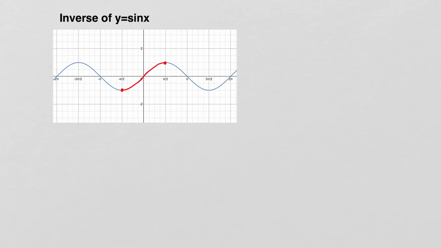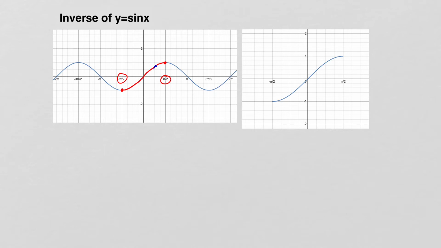If we repeat ourselves after this point, then you will have horizontal lines intersecting the graph more than once. So to make the sine a one-to-one function, we have to restrict the original domain to only be the values between negative pi over 2 and positive pi over 2.